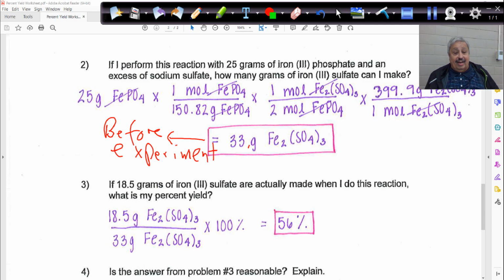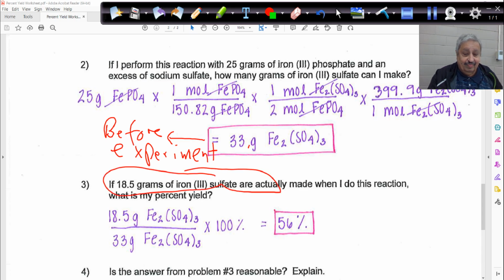Now, after the experiment, you get this, the actual one. This one comes after the experiment is done.